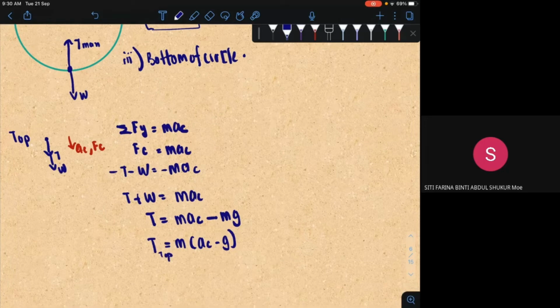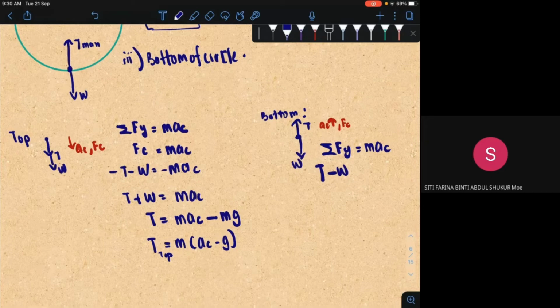Kalau bottom pula, kamu akan ada tension, kamu akan ada weight, and your centripetal acceleration is upwards and your FC pun upwards dekat sini. Okay, so summation Fy masih is equals to M AC, so T minus W, W ke bawah akan sama dengan MAC ke atas positif.